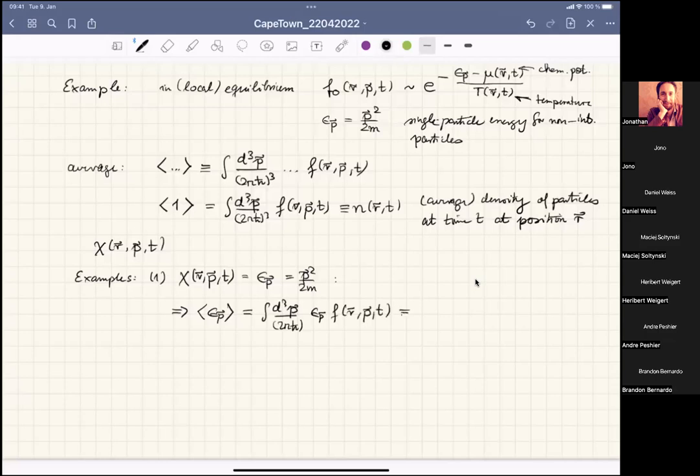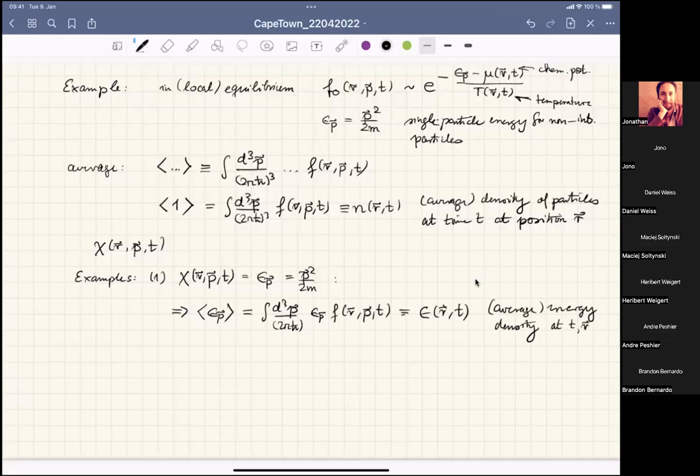If this was the density, and now I introduce a quantity of dimension energy, then this is the average energy density of the particles at time t and position r.